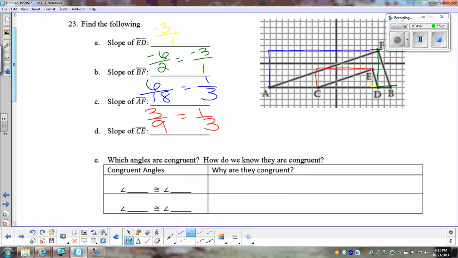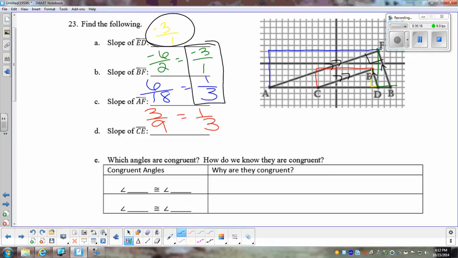So I have some parallel lines in there, and I also have some perpendiculars. Let's look at what we have. Since ED and BF have the same slope, I know that ED is parallel to FB. Since AF and CE have the same slopes, I know AF is parallel to CE. Now look here. I know that BF and AF have opposite reciprocal slopes, so I know that there's a right angle.